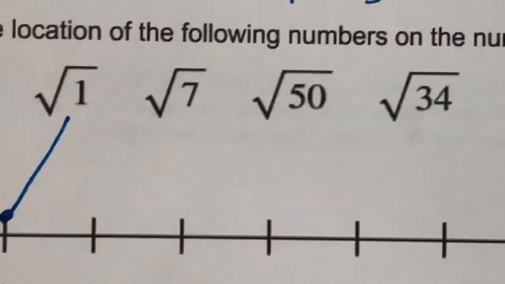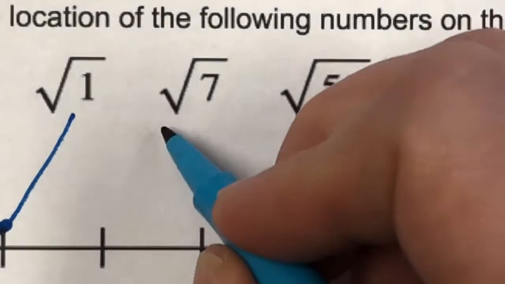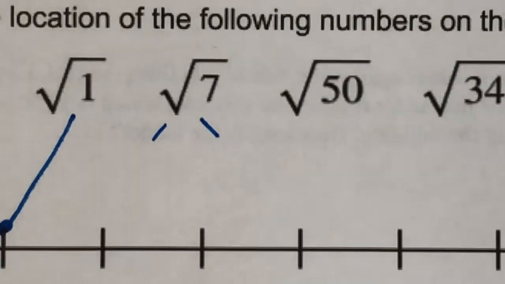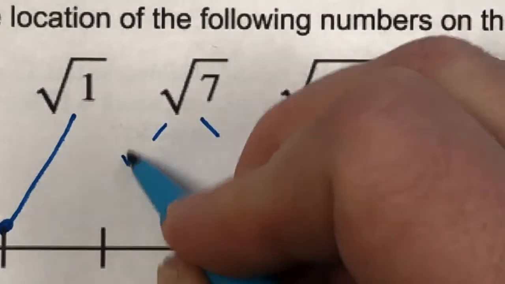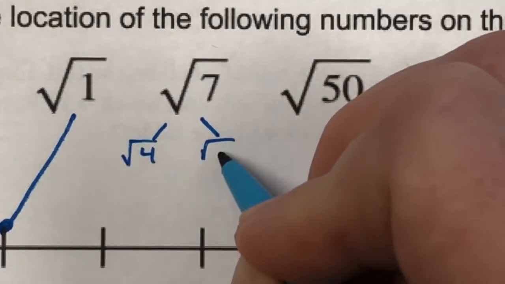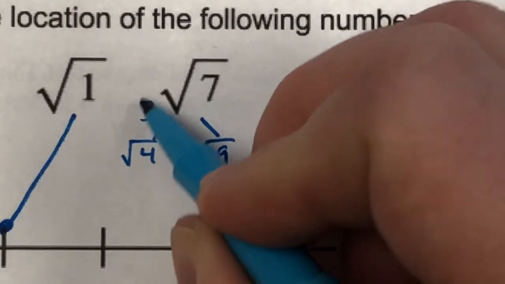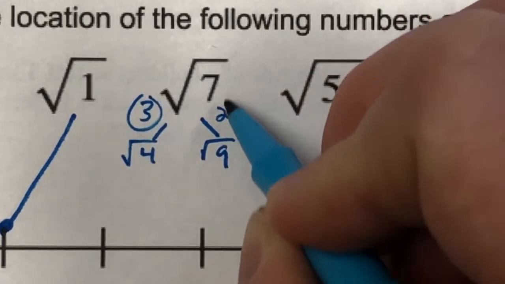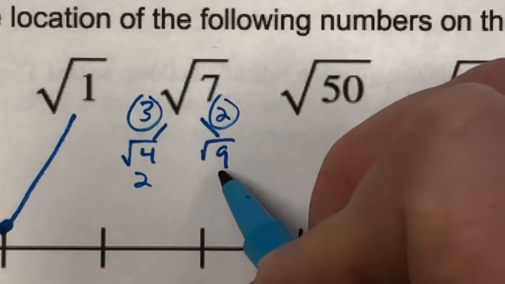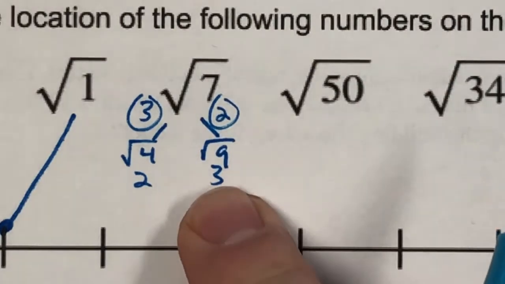But the square root of 7 is not a perfect square. So I kind of do the little trick where I figure out, what 2 numbers does it fall between. And I know that the square root of 7 falls between the square root of 4 and the square root of 9. It's 3 away from this one. It's 2 away from this one. So it's a little closer to the number 3 because that's my answer.